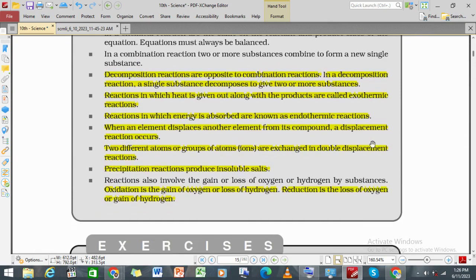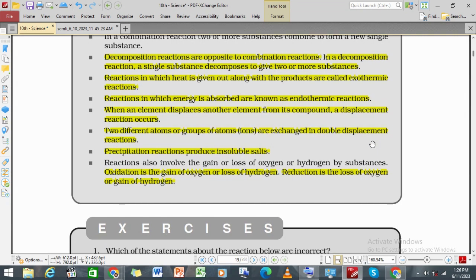Now let's do the revision. Decomposition reaction is the opposite of combination reaction. In a combination reaction, two reactants combine to give out a single product. In a decomposition reaction, a single substance decomposes to give simpler products, two or more substances.